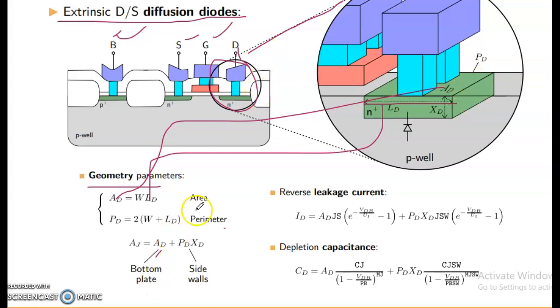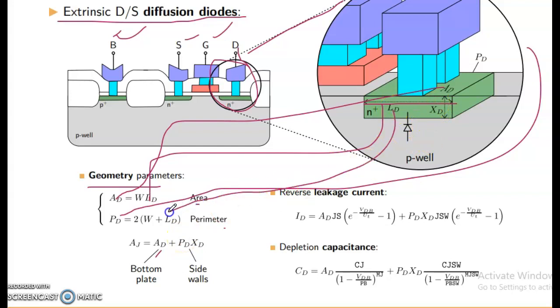Multiply with the width, that one is the area. Then PD, this PD equals 2W plus this LD.